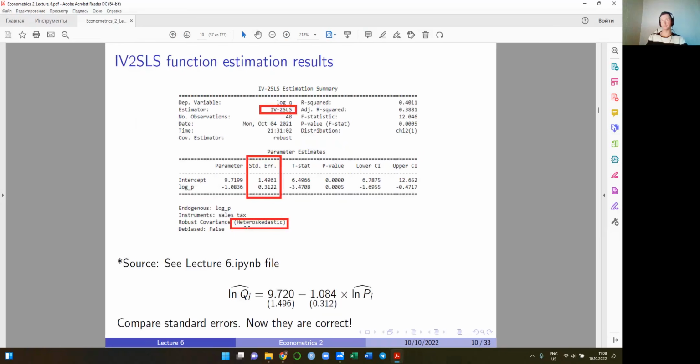So, at least at this moment, the interpretation is the following. If we are able to increase price by 1%, quantity demanded will decrease by almost 1%, 1.1%. Right?